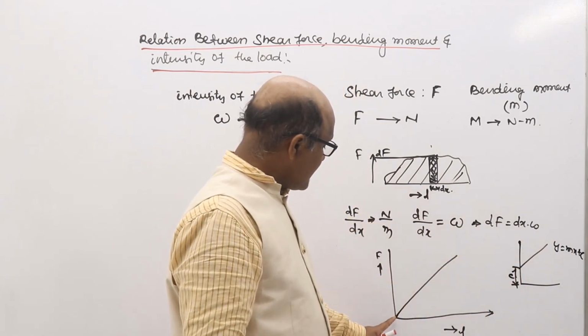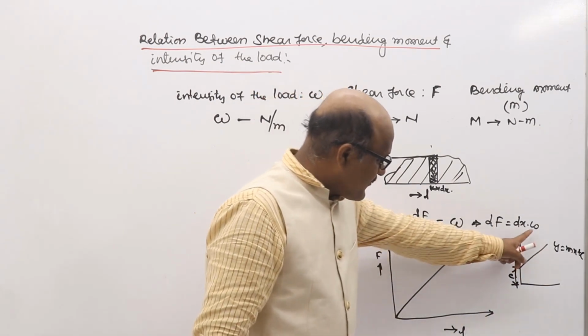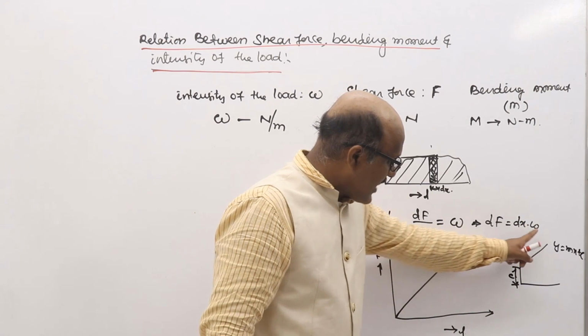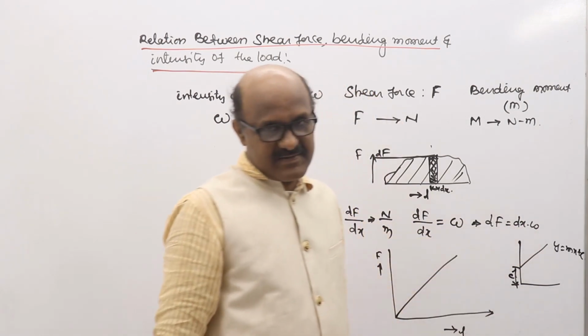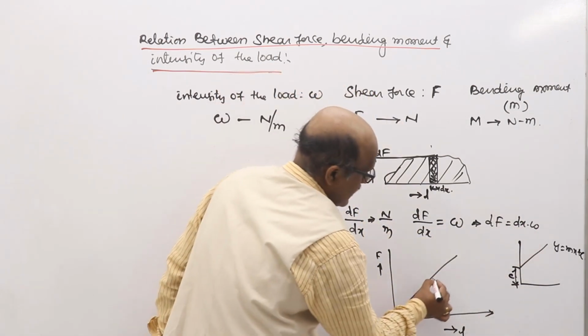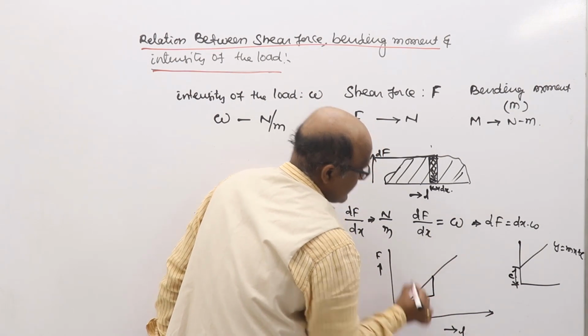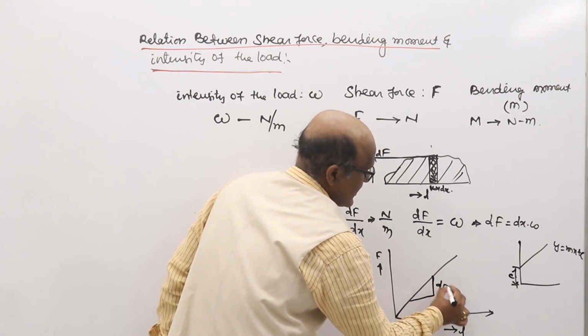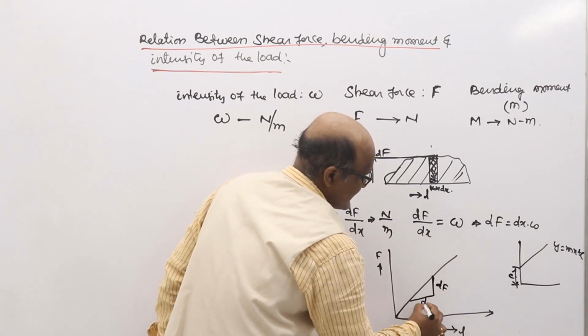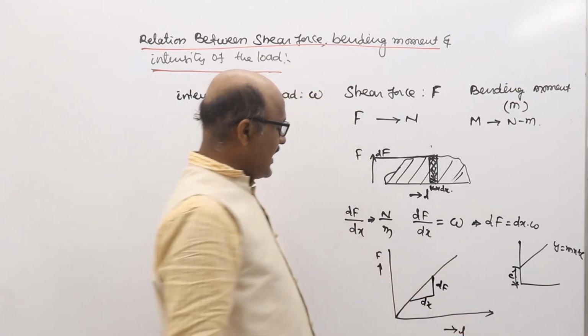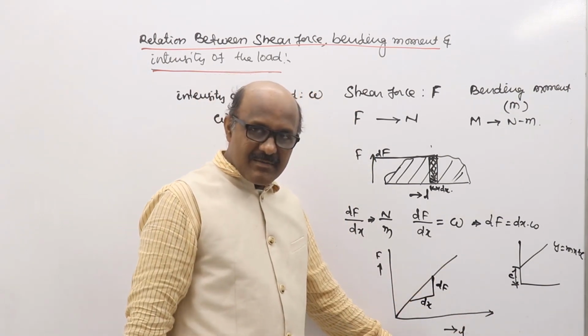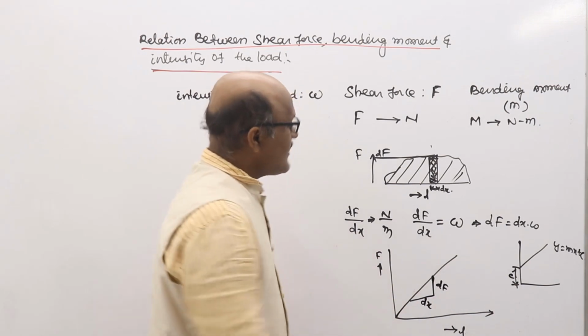But here it is passing through the origin, so it is in the form y is equal to mx. This is m, this is x. This is a slope, this is dF, this is dx. This is a shear force diagram. What is the slope?